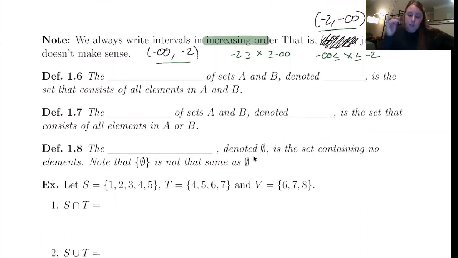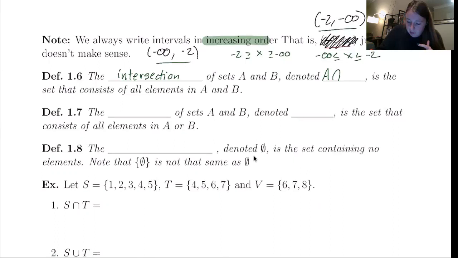Okay, cool. So next we're going to talk about combining sets and intervals. So the first combination is the intersection. I like to say words slowly so it helps me spell them out. So if I have a set named A and a set named B, and I want to take the intersection between them, I would denote that as A, and this weird looking N thing, it's not an N, it's called a cap.